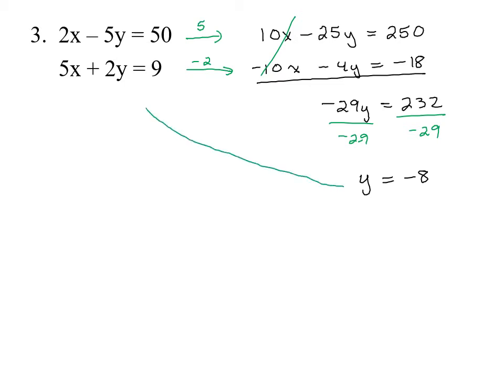Put this back in on that bottom one right there. And I would have 5x plus 2 times y, which is negative 8, equals 9. Or 5x, 8 times 2 is 16, so minus 16 equals 9. Add the 16 to both sides.